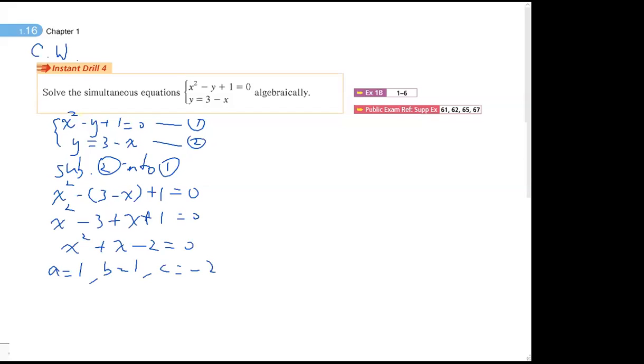And then you may use your calculator, program 1 to find the answers. So x is equal to -2, or x is equal to 1. Okay, but when x is equal to -2, y is calculated by 3 minus x, that is 5. Okay, and then when x is equal to 1, y is 3 minus 1, that is 2.